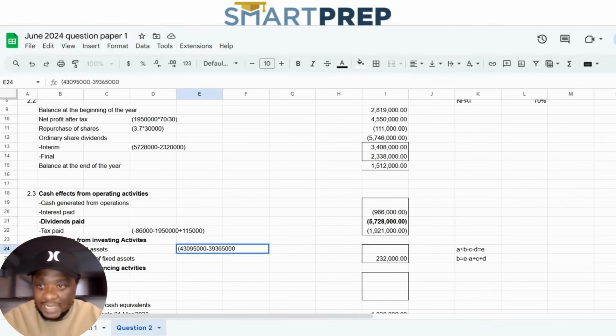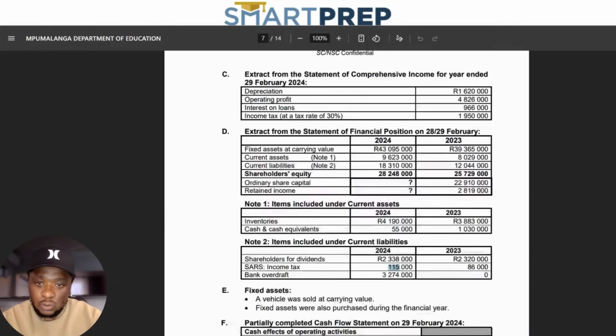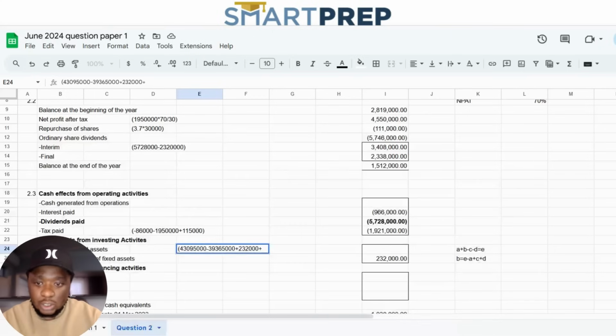Then we're going to say minus the amount at the beginning of the year, and then we're going to add our depreciation and add our disposals. Our disposal is already given there as 232,000, so we're going to add that in. Then we also add the depreciation. We just go find our depreciation expense, which is 1,620,000. So we add that too.